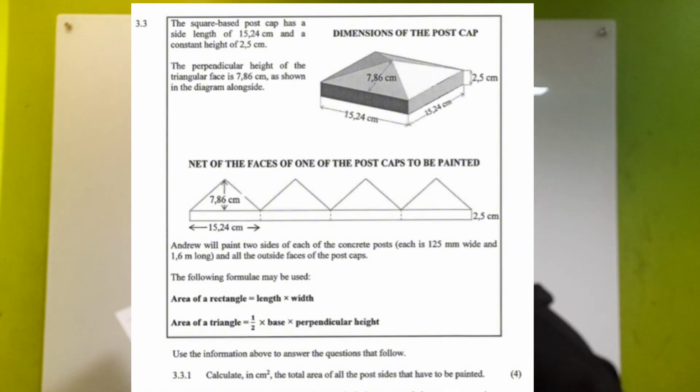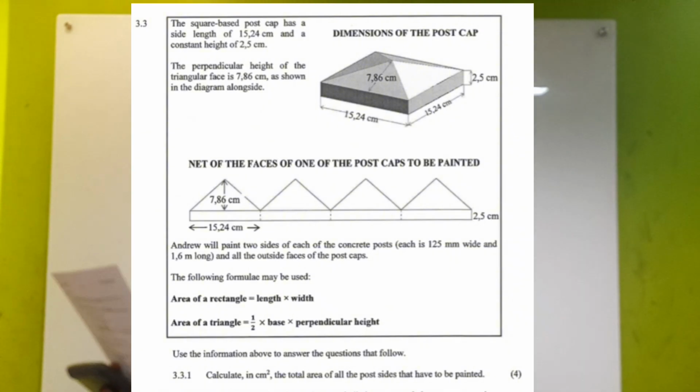So the first question says, calculate in centimeters squared the total area of all the post sides that have to be painted. So here we have to calculate the total area of all the post sides that have to be painted.